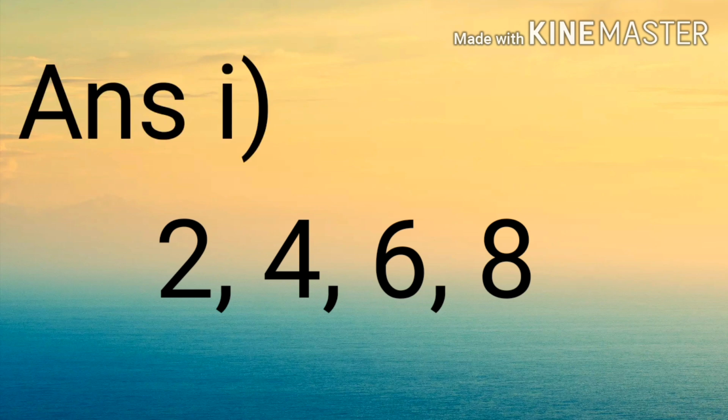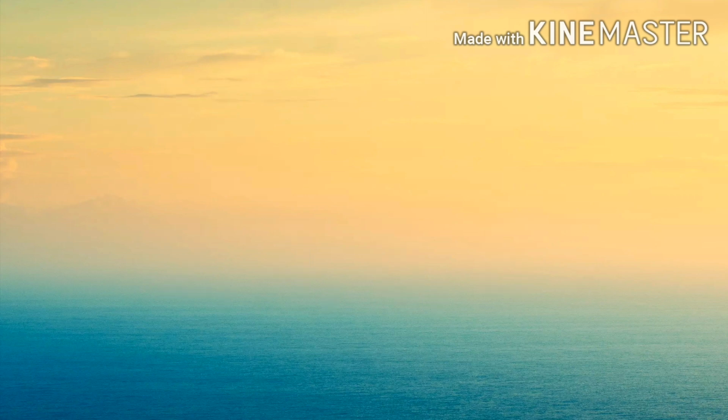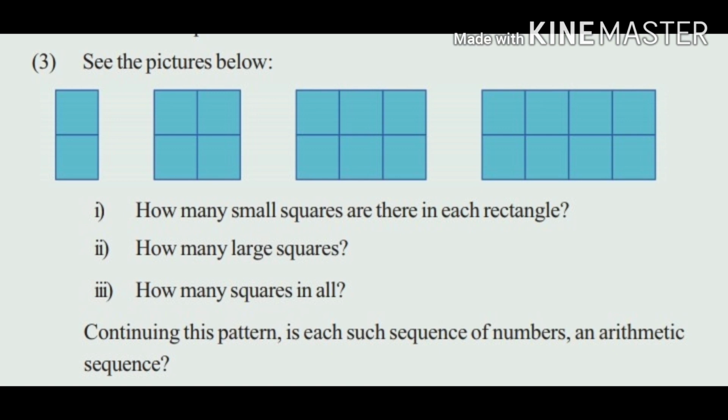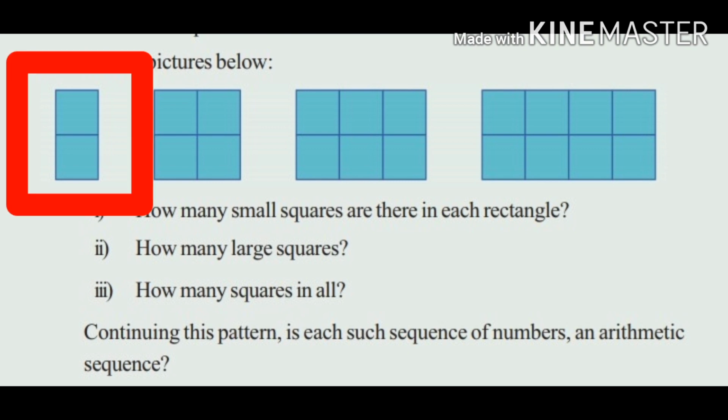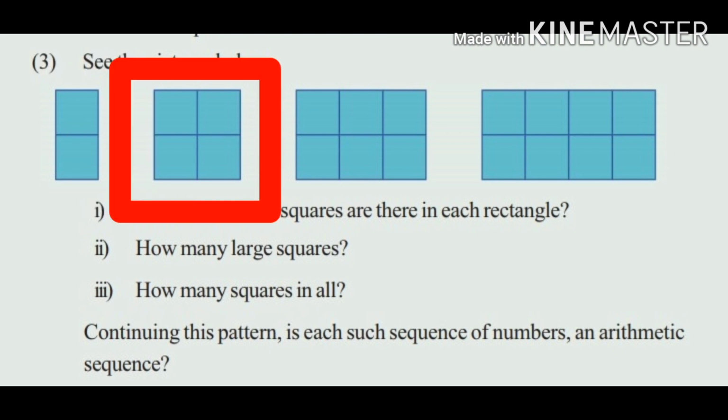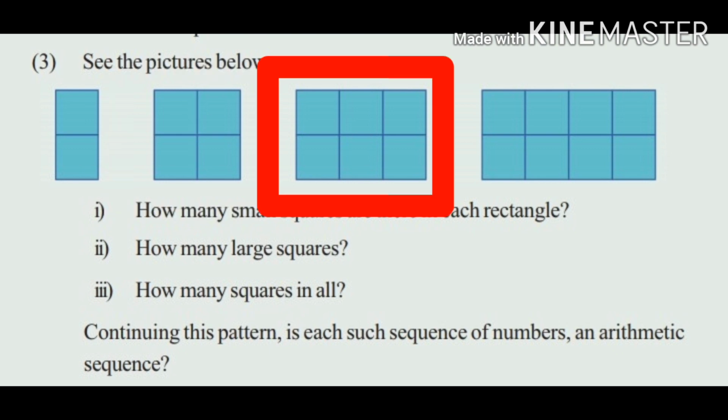Now let's check the second sub-question. The question is, how many large squares are in that figure? Same as the first question, let's consider the first figure. In the first figure, there are no large squares, so the answer is 0. Now, in the second figure, only one square is there. And in the third figure, there are 2 squares.